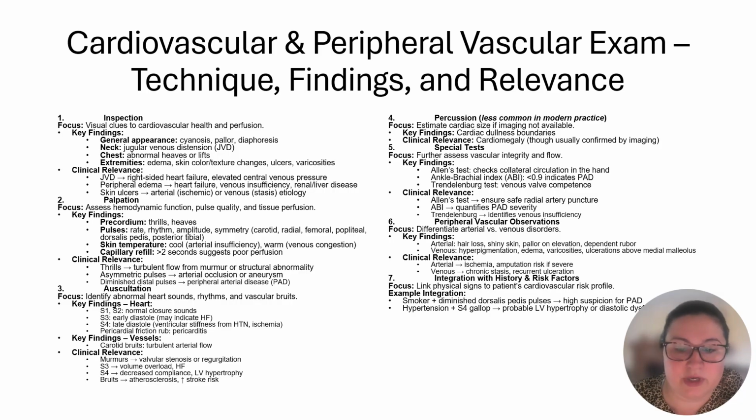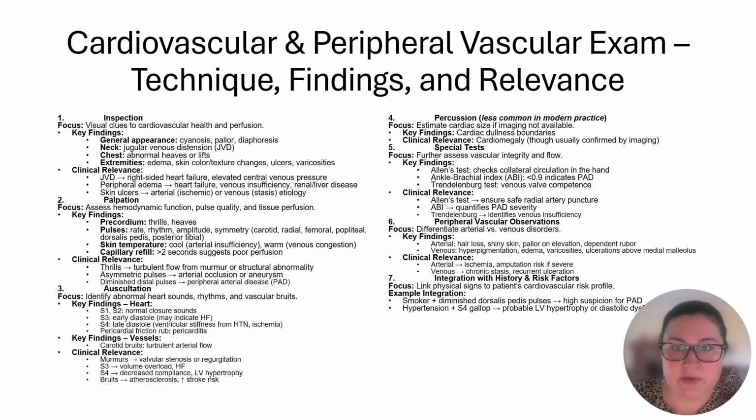Those are all going to be arterial indications, while venous indications will be hyperpigmentation, edema, varicosities, ulcerations above the medial malleolus. The clinical relevance for that is when we're looking at arterial, we're looking for ischemia, which may lead to amputation. Conversely, chronic venous stasis may lead to recurrent ulcerations.